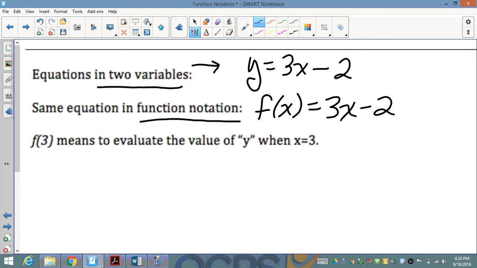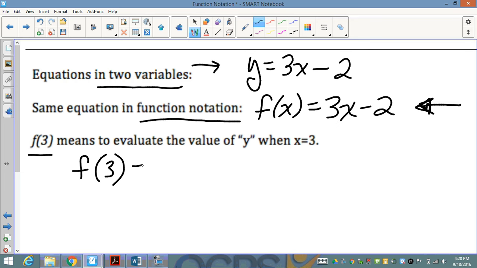All right, here is why we do this. This function notation here with the f of x is a little more powerful than our notation with just a y. We can do more with it. What f of 3, notice how I said that, f of 3, means is to evaluate the value of y when x equals 3.